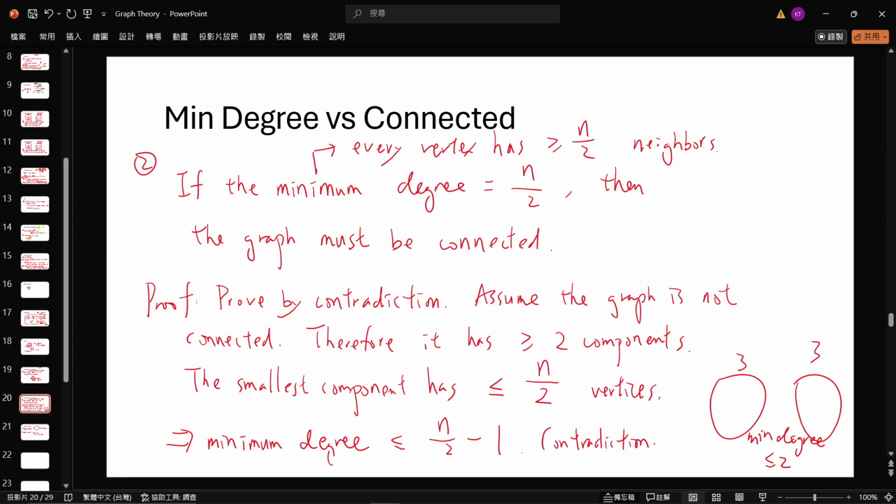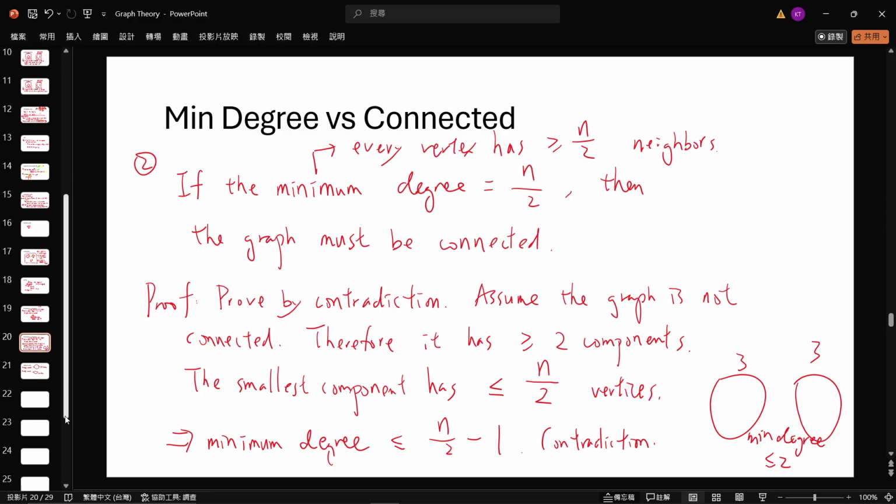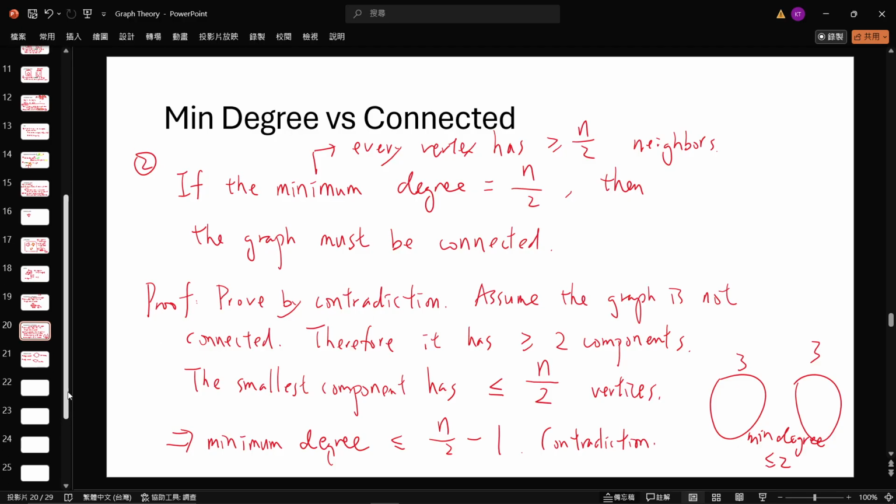Because after you see this proof, you cannot infer any further information about the graph. So next I'm going to give you a different proof that can reveal more information about the graph.